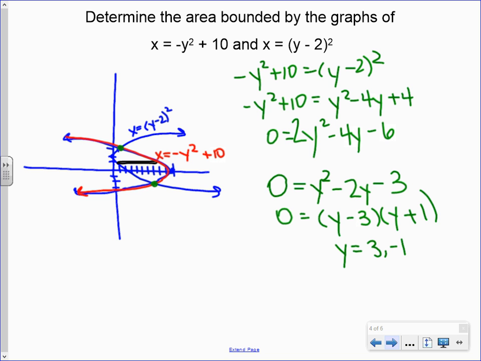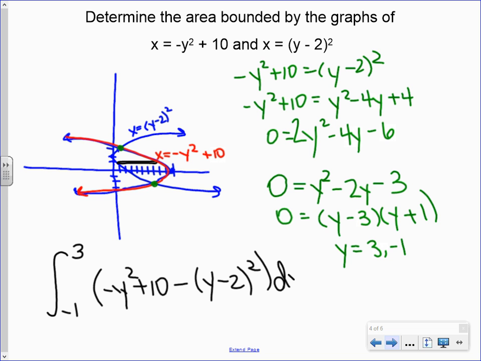So like Joe said, -1 and 3, but some of us needed some verification on that, right? For sure. So our integral from -1 to 3, we decided. Our right function is -y squared plus 10, minus our left function, (y minus 2) quantity squared, dy.